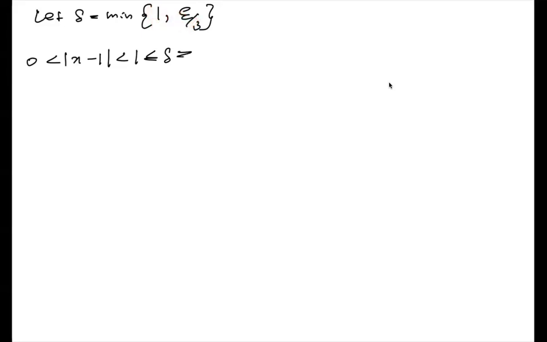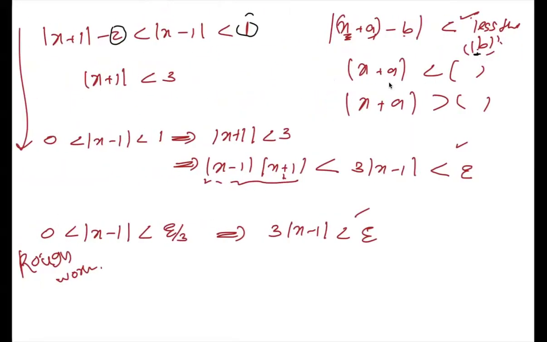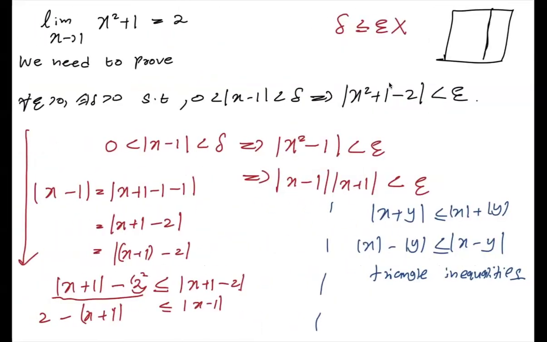And this implies |x squared plus 1 minus 2| is less than 3 times |x minus 1|, because that's what I get from here.